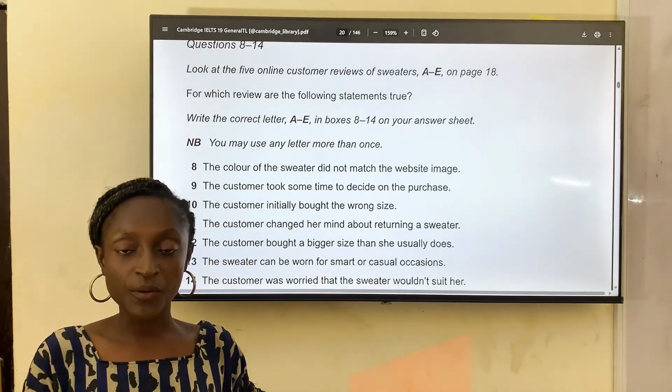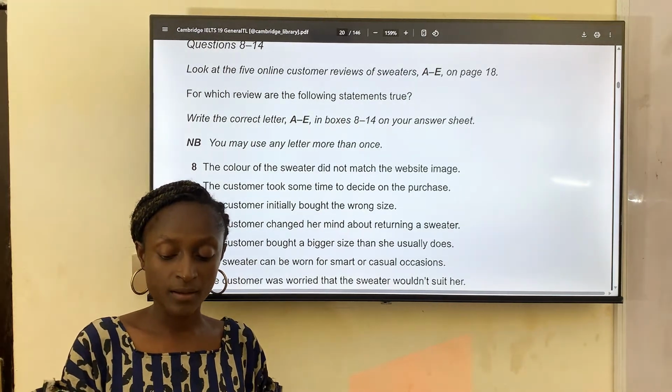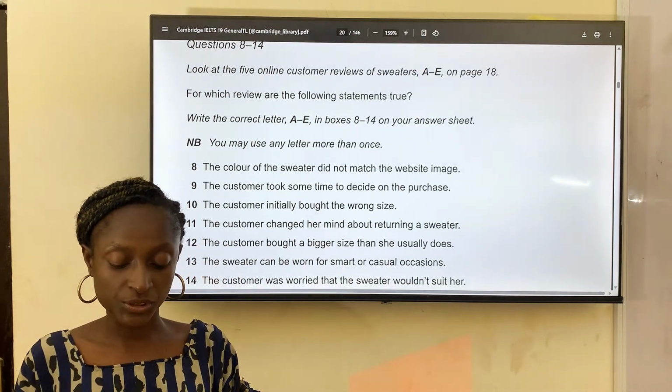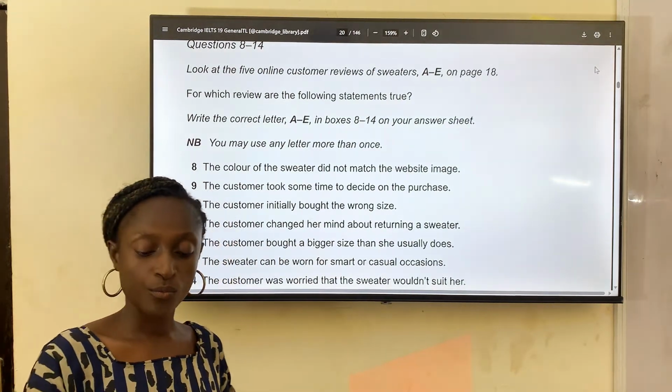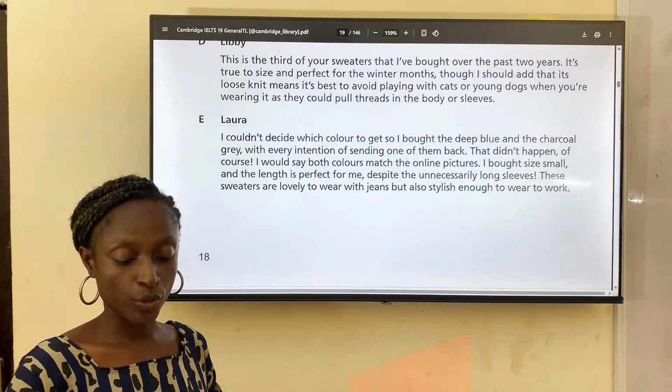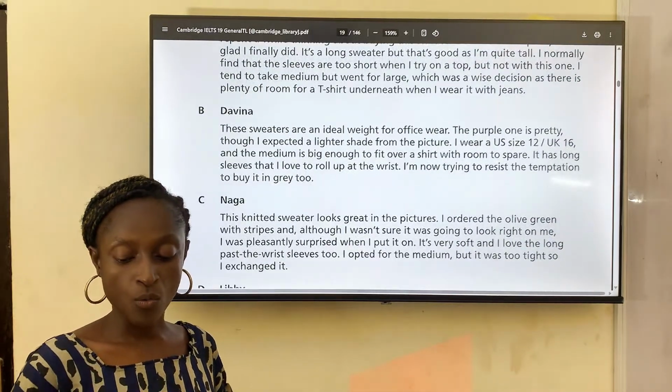Now, the information we are picking from this question is color of the sweater, website image. So we'll now go over to the passage.